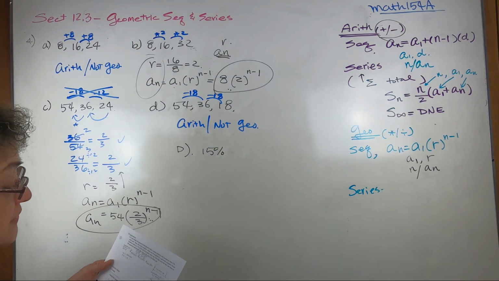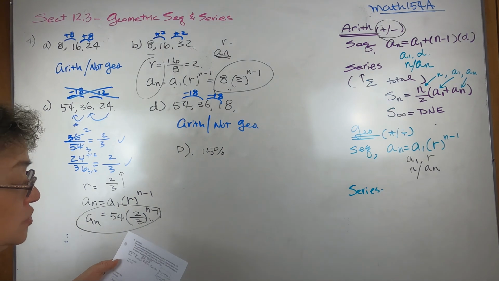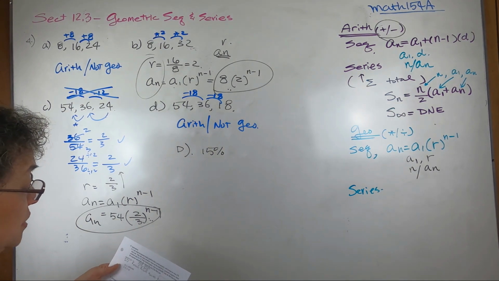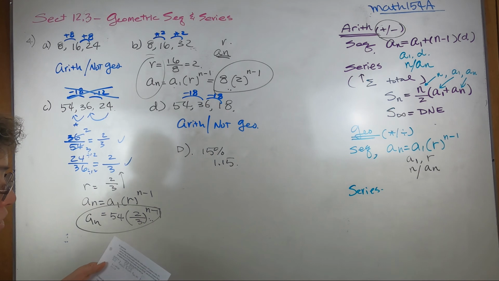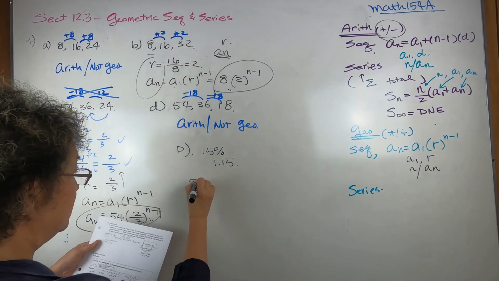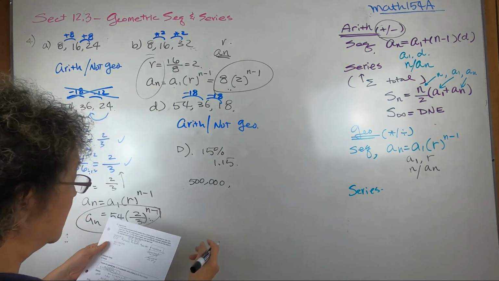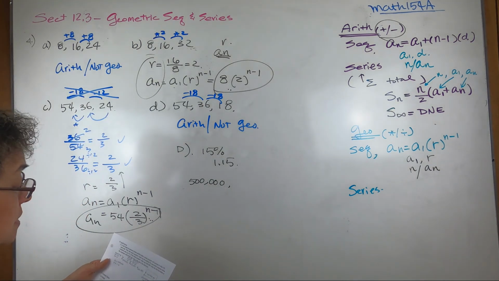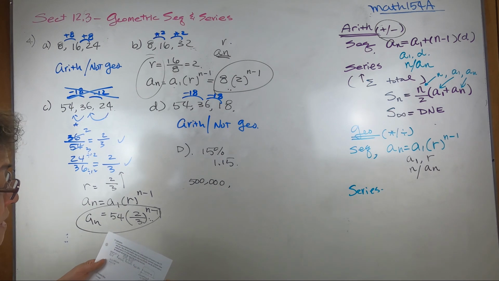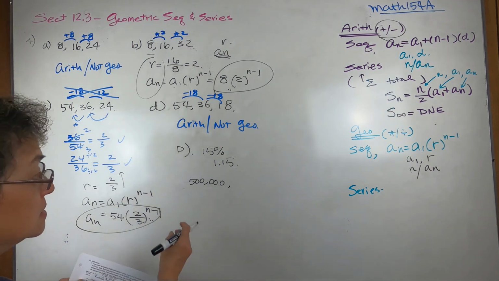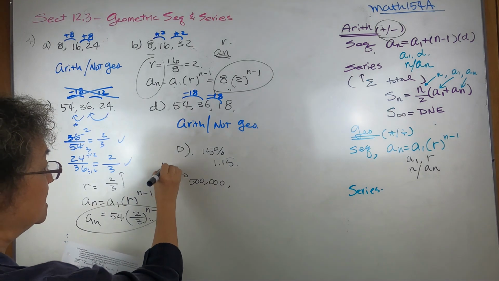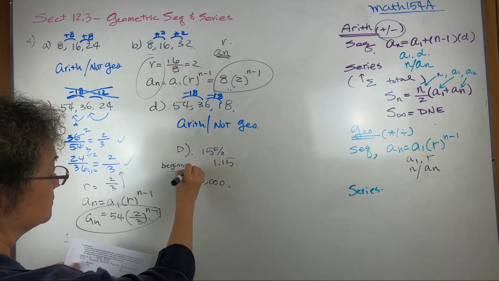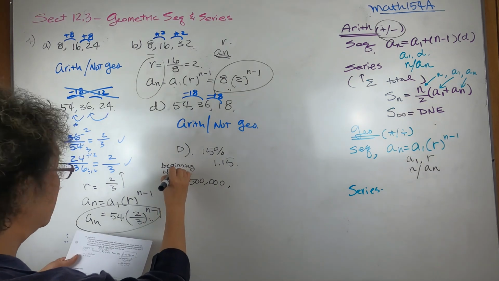Thus, the yearly property value can be modeled by a geometric sequence whose common ratio is 1.15. If the initial property value was $500,000, then it asks you to write the first 4 terms of the sequence and predict the value at the end of the 3rd year. Okay, so $500,000 means what? The beginning of the 1st year, right?